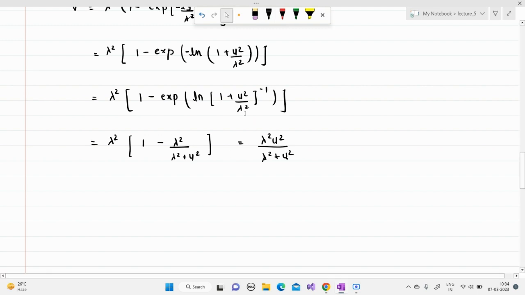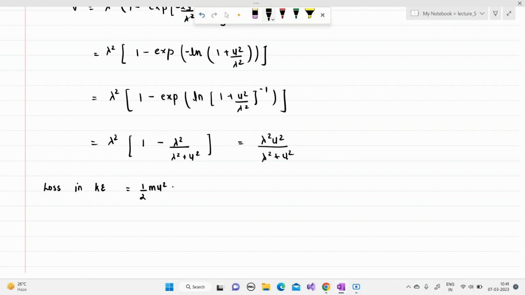Now we know the final velocity when the body is coming back to the projection point. So finally we have to find the loss in kinetic energy, which is given by initial kinetic energy minus final kinetic energy.